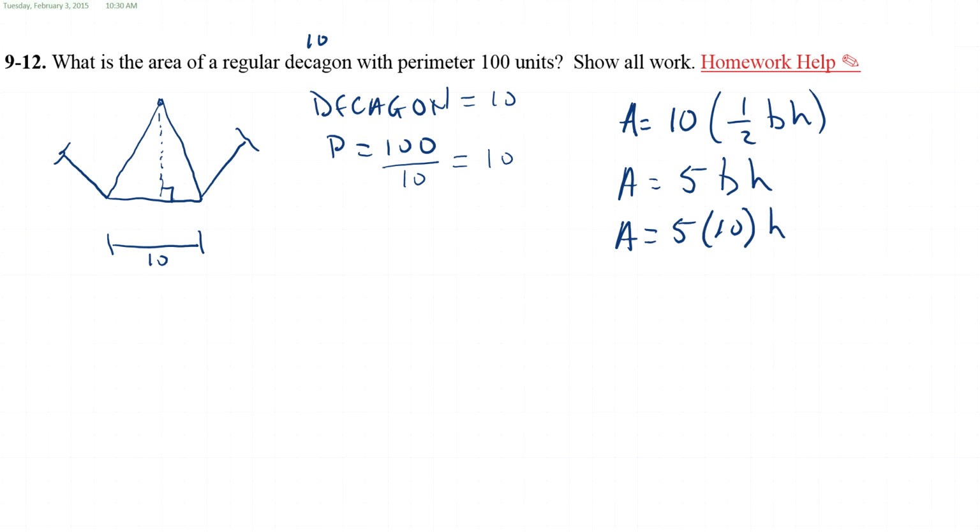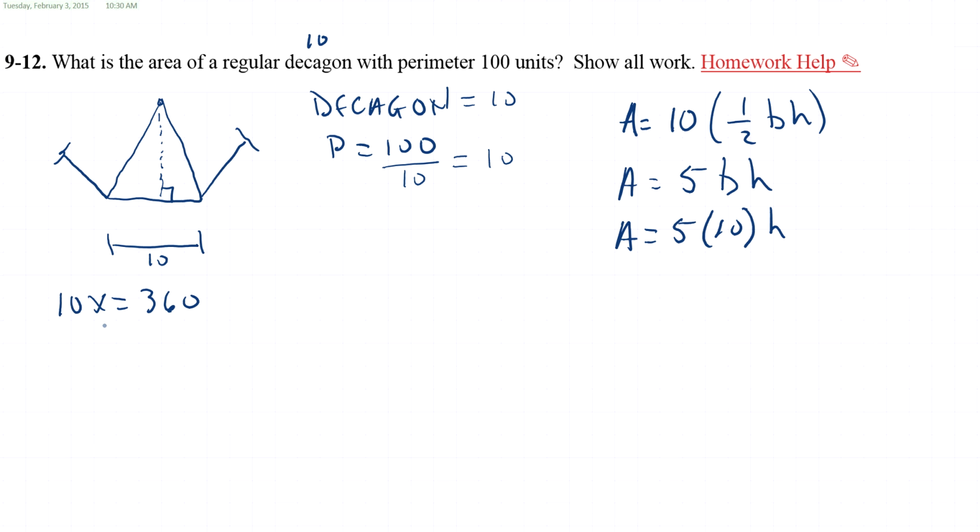Okay, and I can do that because I know that n minus 2. Actually, the way I like to do this is we know that there are 10 of these, and I know that this is going to be 360. So 10 times x equals 360.